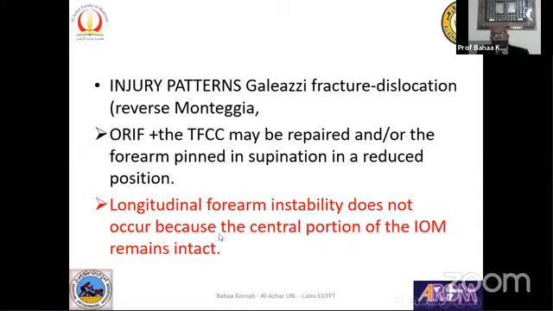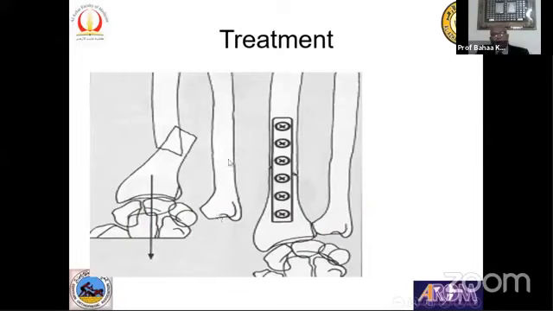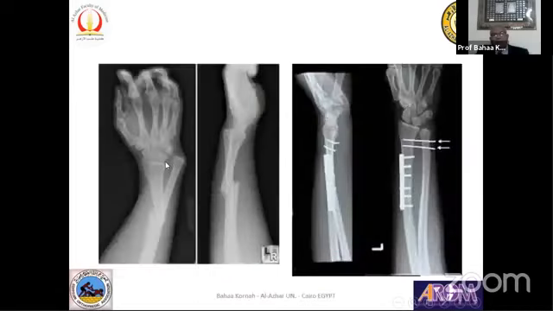You have to know that longitudinal forearm instability does not occur because the central portion of the interosseous membrane remains intact. But if it is involved, this will lead to forearm instability. This is an example of the treatment of the distal radius. And this is an example of cases with pinning, with K-wire fixation of the distal radio-ulnar joint.